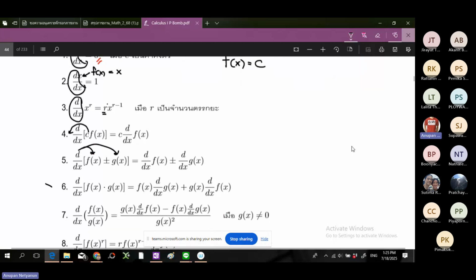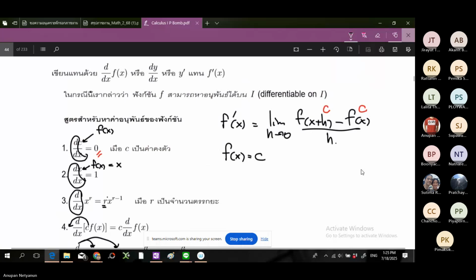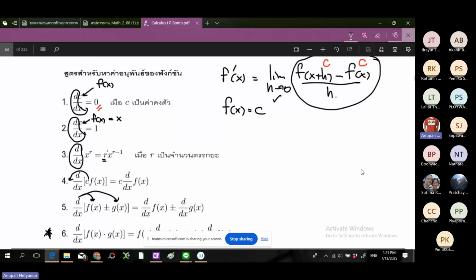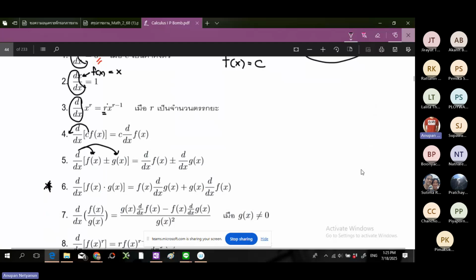But for this one, you might think that when you have two functions multiplied together, the derivative has a limit, so it can distribute to each one. But no, because the derivative has a limit, true, but it has this part too. That makes things more complicated for multiplication. So you have to think about this as the front function and this as the back function.